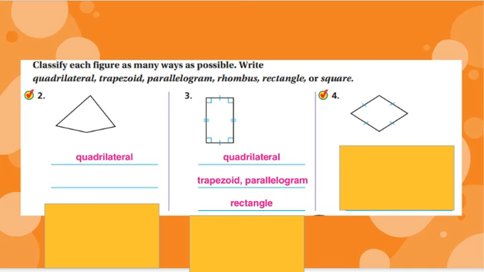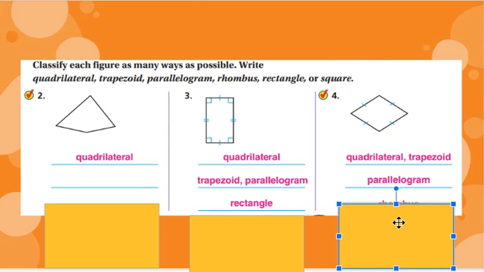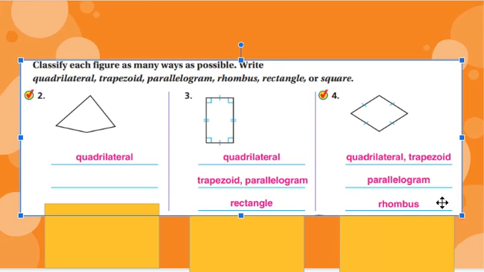Crazy. That's why it's really important for us to keep in mind all those rules and think about, does it fit? How about this one here? I'm seeing that we have 4 sides of equal length. So that tells us it's a, oh my goodness, look at all these different options. It is not only a rhombus, that curved square. It is a quadrilateral because it has 4 sides. It is a trapezoid because at least one side pair is parallel.